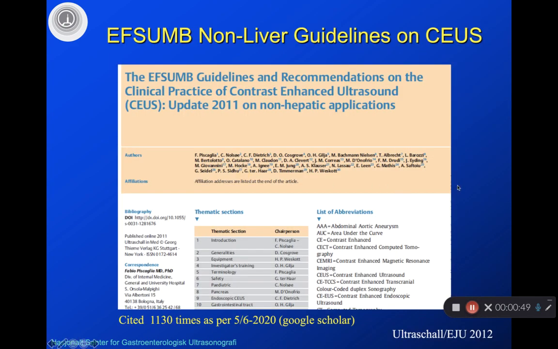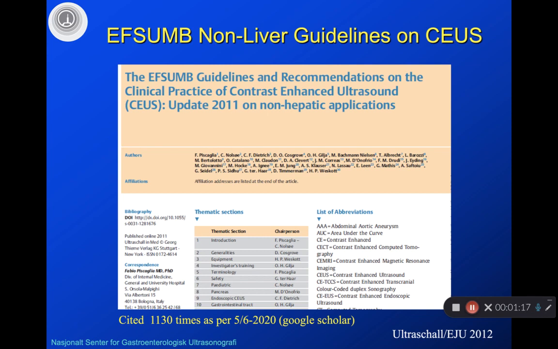EFSUMB has for many years delivered guidelines on different aspects of ultrasound, and in 2011 the guidelines on contrast-enhanced ultrasound on non-hepatic application came out. This guideline has been cited over 1,000 times and has been used quite a lot around the world to help patients with diseases of non-hepatic origin.